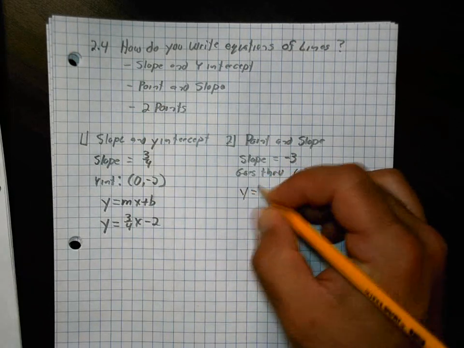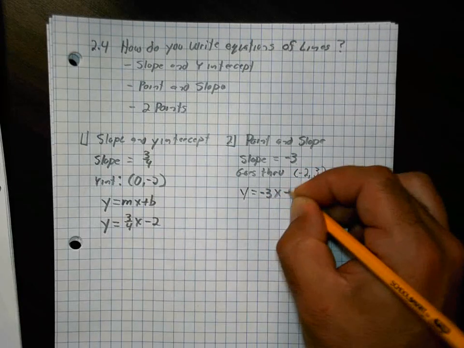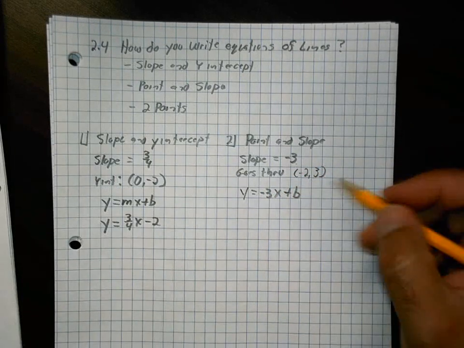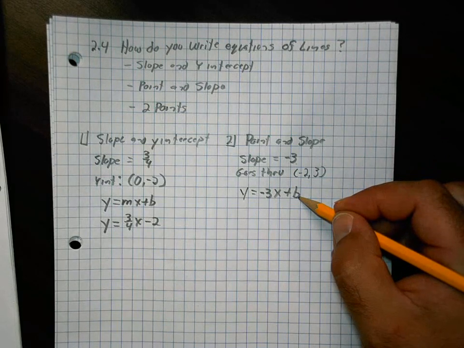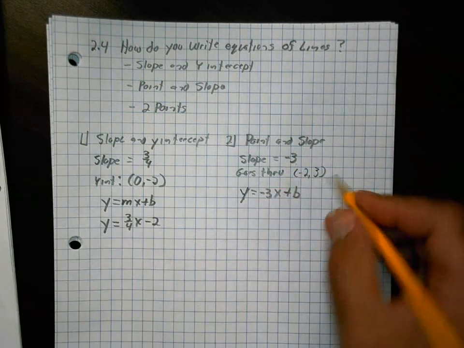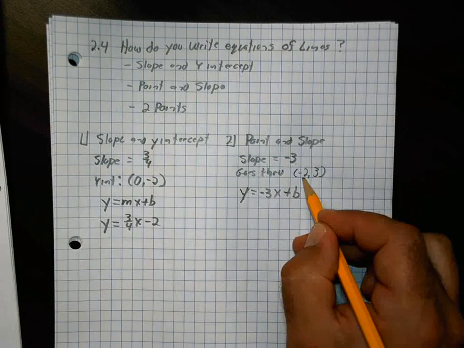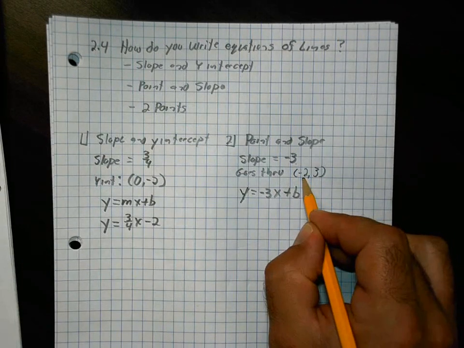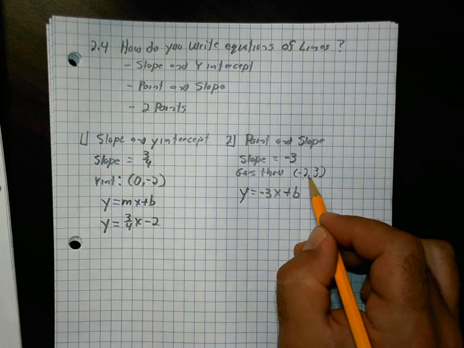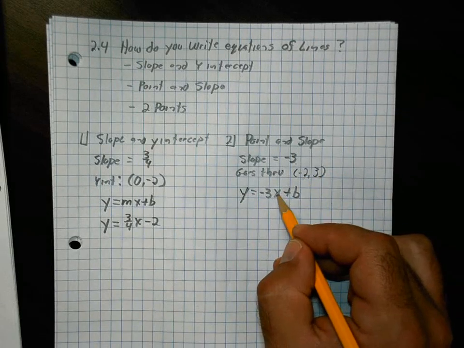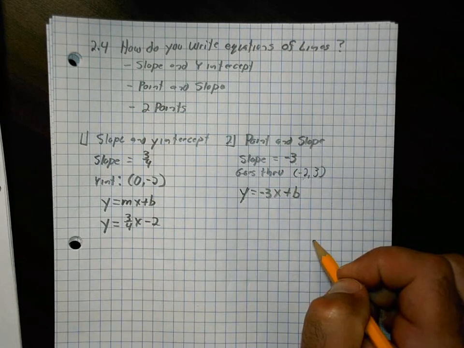So we have y equals -3x plus b. All we need to know is what b is. We weren't given the y-intercept, however, we're given this point that satisfies the equation of the line. So we can substitute the x and y coordinates and solve for b.